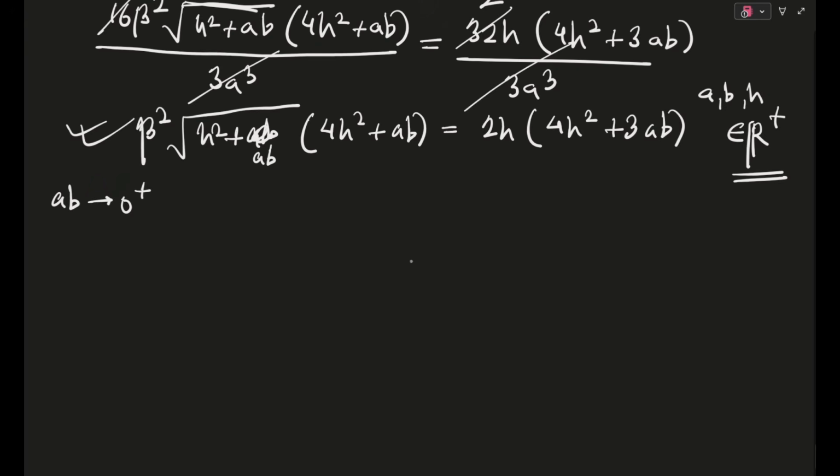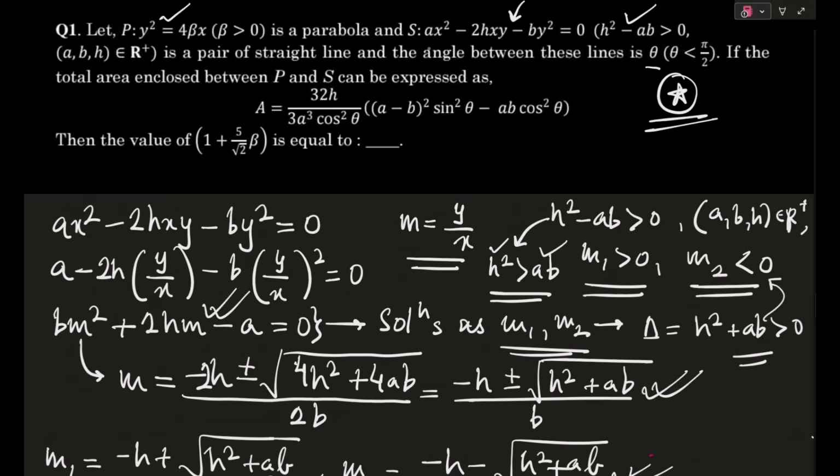Now I will show you that in the question. The reason for the approximation we are going to do is this: theta is given to be less than pi by 2. Because a, b, h all belong to real numbers and theta is less than pi by 2, it is an acute angle.